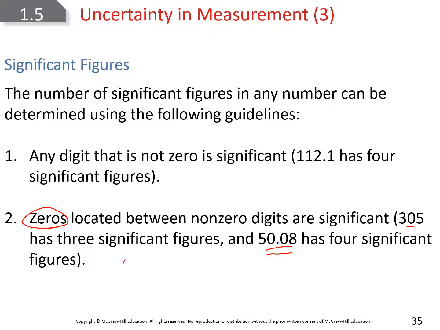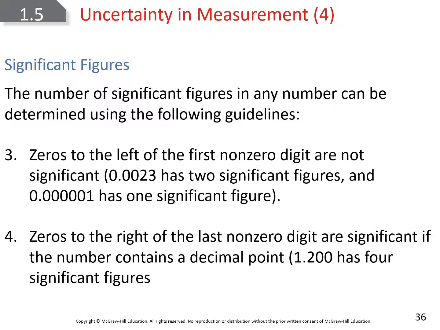In fact, I could say that number right there, 200,000.003, sorry about that, all of those zeros are counted. So this number would have 1, 2, 3, 4, 5, 6, 7, 8, 9 significant digits.